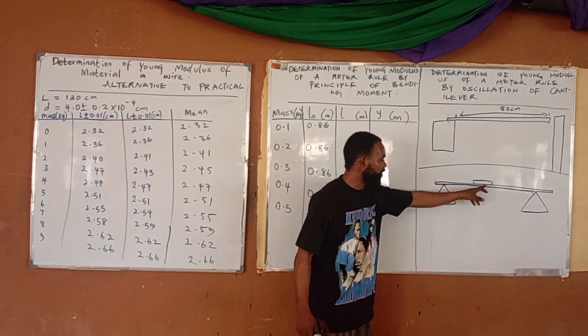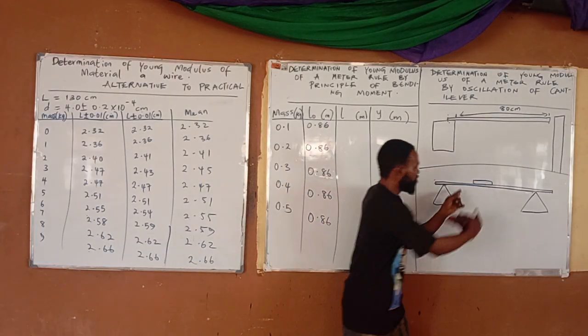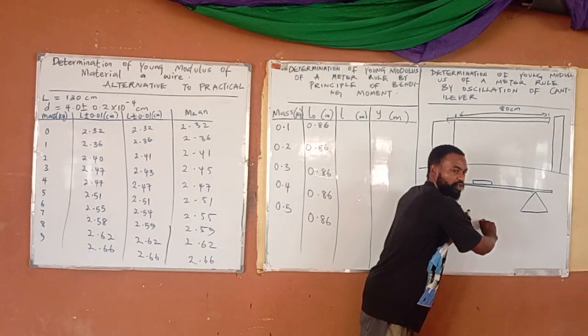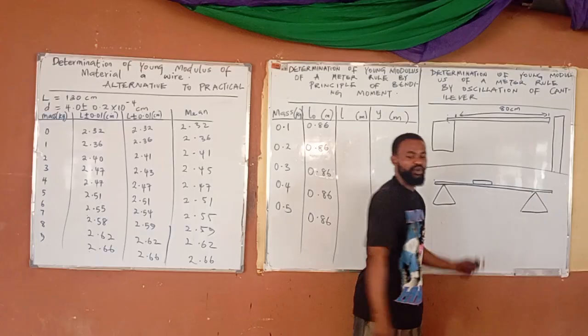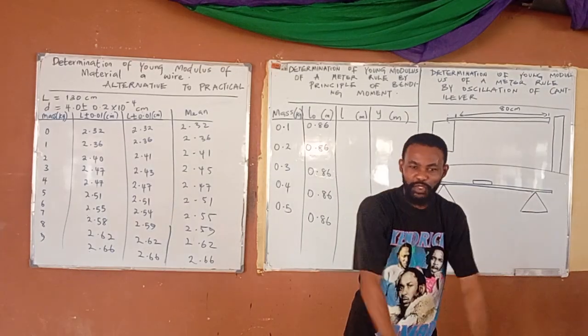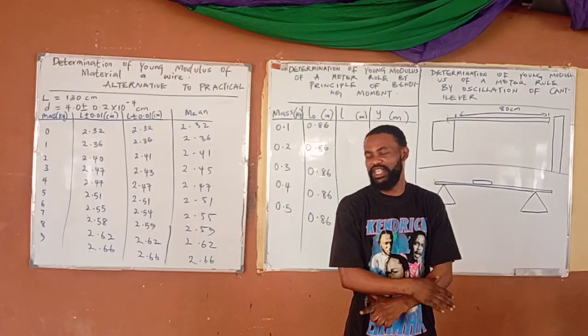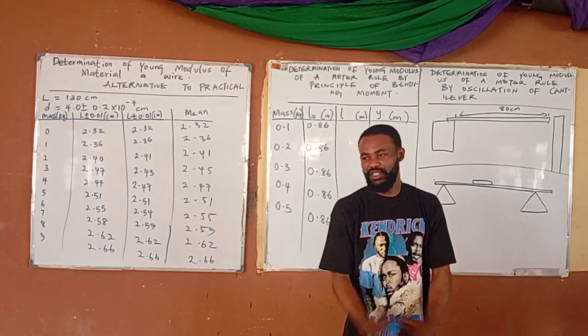If I've noted this, you notice that when you put this mass, this particular meter rule will tend to come down. Is it not true? It's just like you place the meter rule, you carry yourself and sit on top. It will break. So Young modulus there is simply saying your weight is too much.